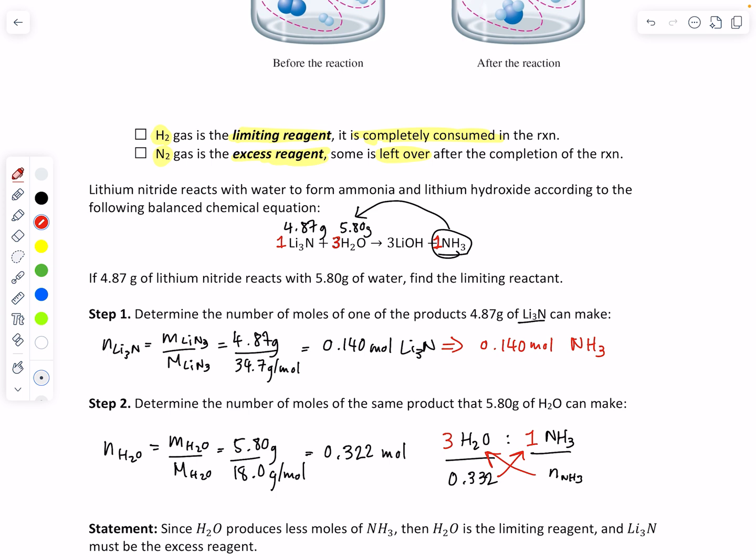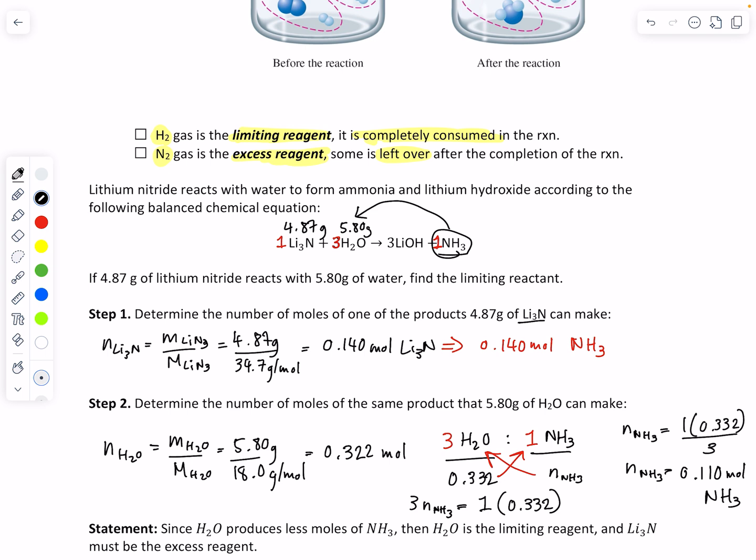We get 3 NH3 is equal to 1 times 0.322. To solve, we're going to divide both sides by 3, and the number of moles of ammonia that can be produced with this amount of water is 0.110 moles of NH3.